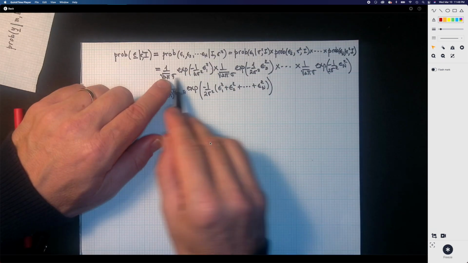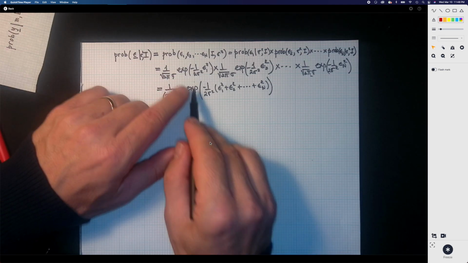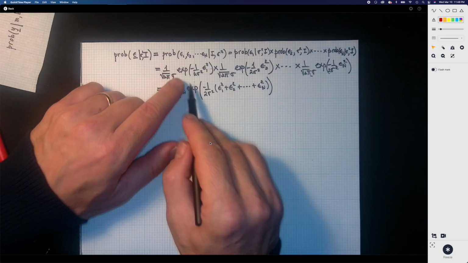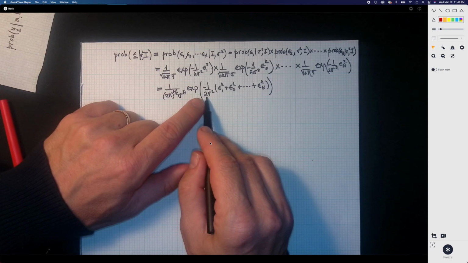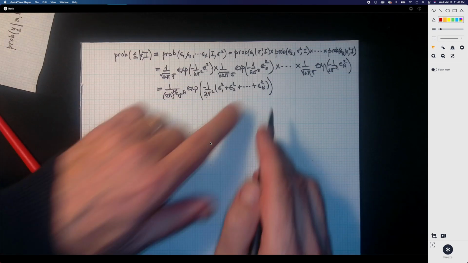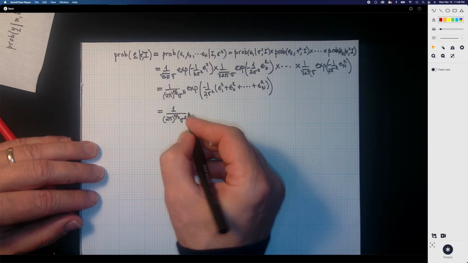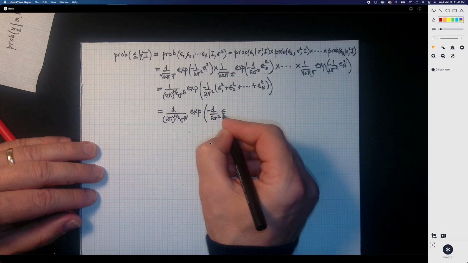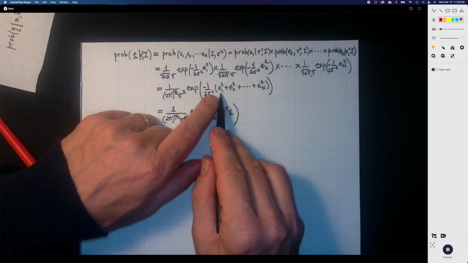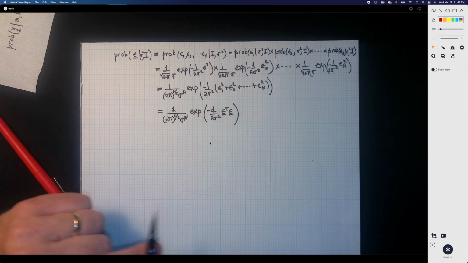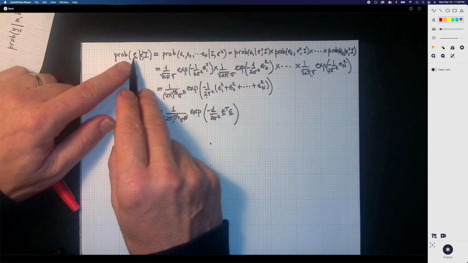So I have n factors of sigma, I have n factors of root 2 pi, and then the product of these exponentials is the same thing as the exponential of the sum of the exponents, and I factored out the 1 over sigma squared, so I'm just left with the epsilons. And this then can be written as this: the sum of the epsilon squared is like the dot product of the epsilon vector with itself, so that's epsilon transpose epsilon.